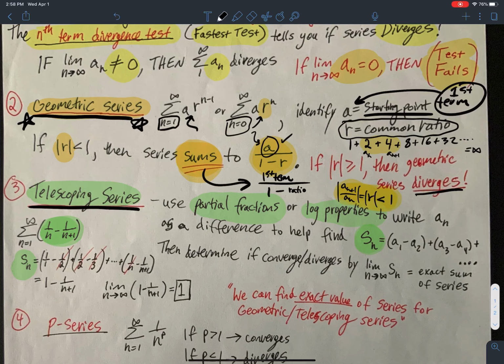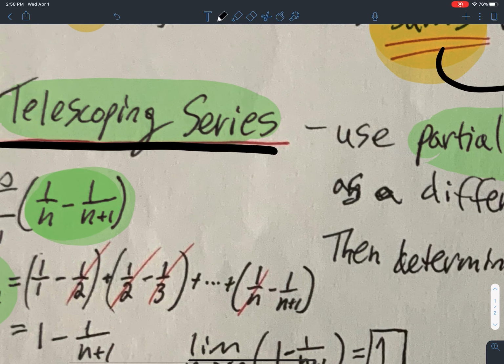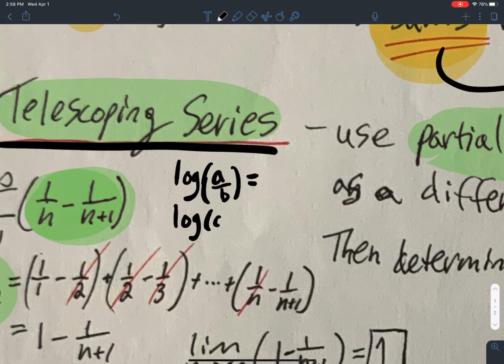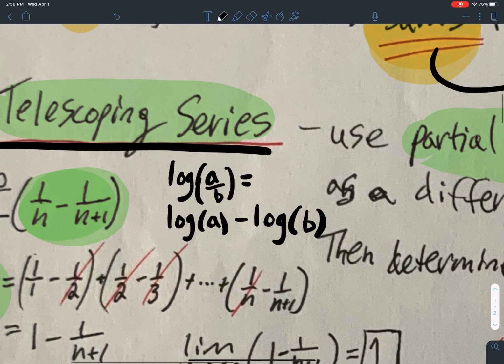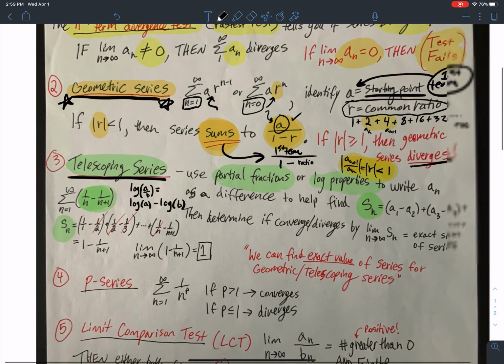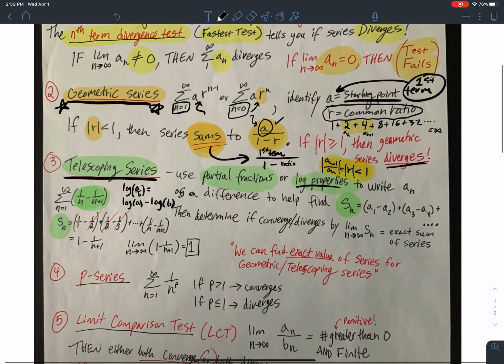Remember, log of A divided by B is log A minus log B. And multiplication, log of A times B is log A plus log B. So that's what I mean by log properties. Partial fractions is probably what you're going to run into, but just in case you ran into log properties.